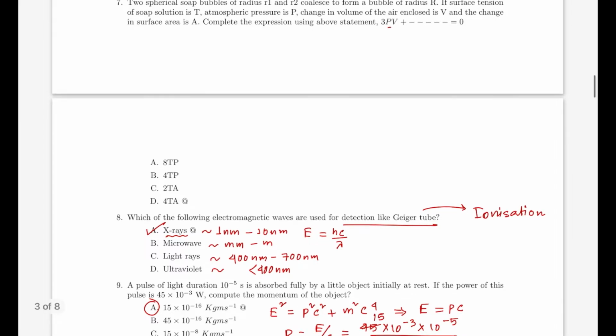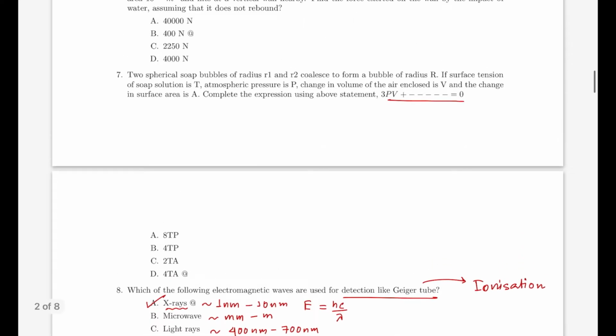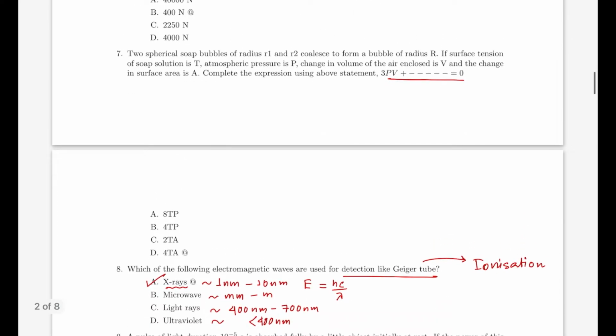So we know that for a soap bubble, the internal pressure minus the outside or atmospheric pressure is 4T by the radius r. And when these two bubbles join to make a big bubble, the number of molecules must be the same, that is n1 plus n2 must be equal to n.